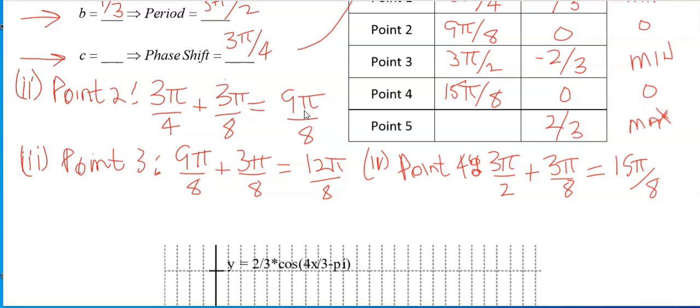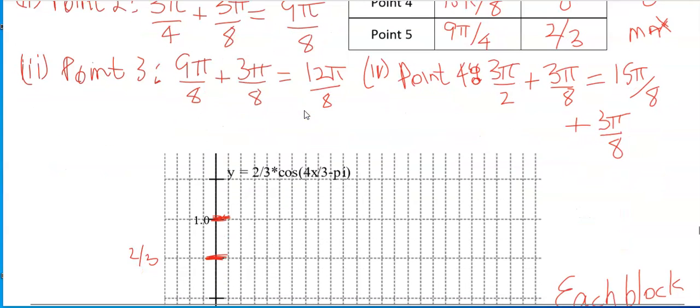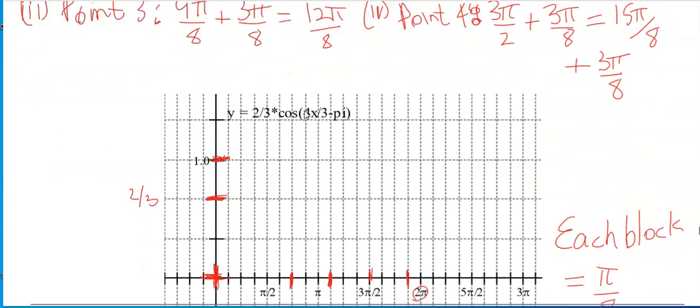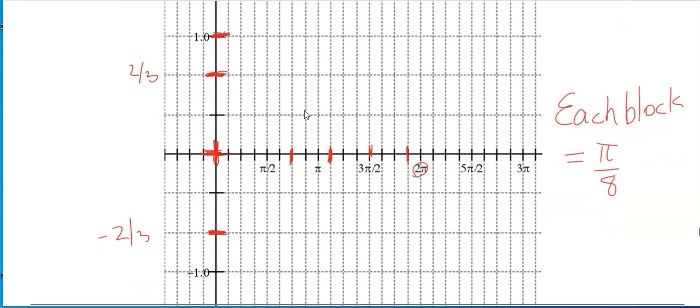You'd have to take 15 pi over 8 and add to that once again 3 pi over 8. You're going to get 18 pi over 8, aren't you? And you can leave it as 18 pi over 8, or you can call it 9 pi over 4. 18 blocks to the right of the origin. Okay, let's come down. Let's see if we can graph those points now.